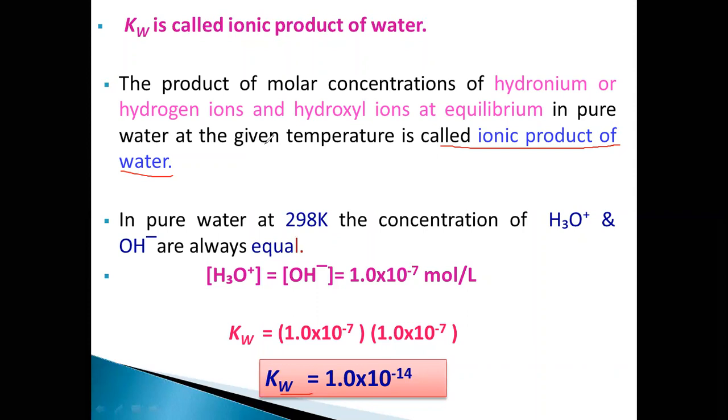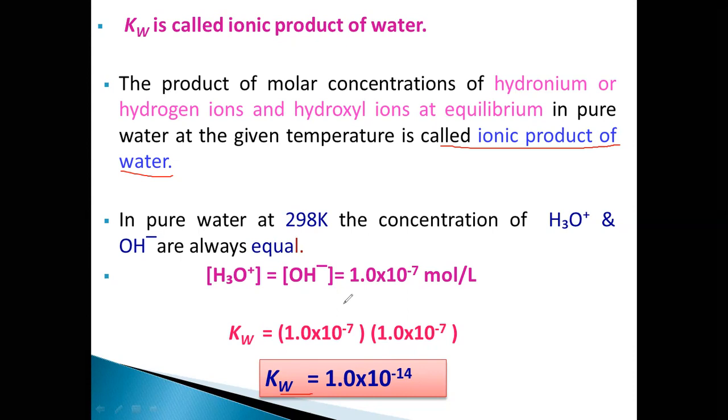Okay. So in pure water at room temperature, now 298 Kelvin, and 298 Kelvin, that means how many degrees Celsius? It is around 25 degrees Celsius, which is considered as room temperature. So in pure water at room temperature, the concentration of hydronium ion and the hydroxide anion are always equal.